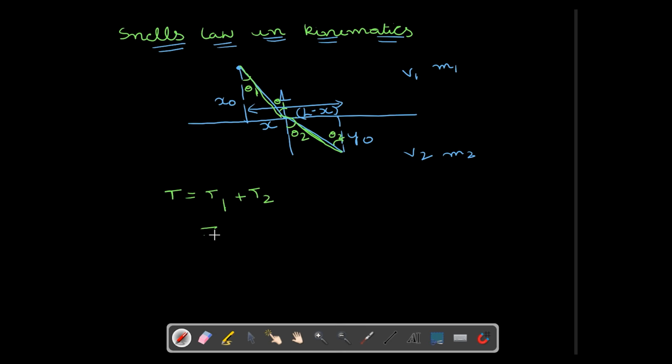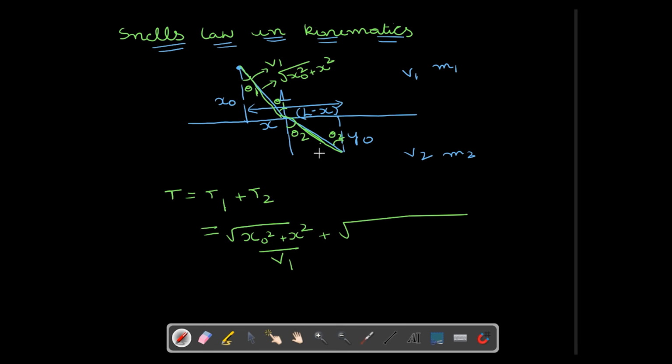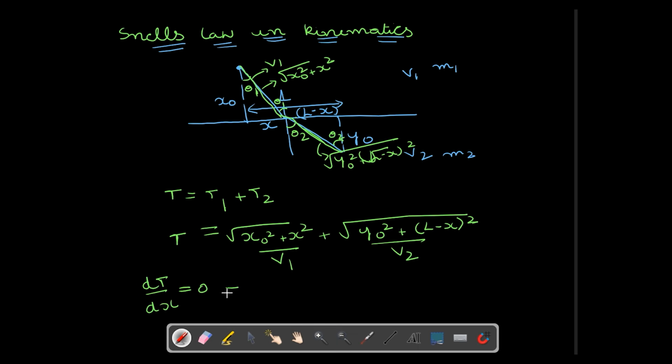T1 is the distance here, that is root of x naught square plus x square, divided by the velocity here, V1, plus root of y naught square plus L minus x whole square, divided by V2, the velocity here, which we have already mentioned. Now this is t. For minimum time, dt by dx is equal to 0. What does this simplify to, if you know differentiation well?